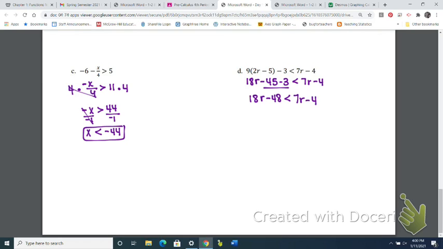So I'm going to subtract 7r from both sides. That way it helps me if I have to draw a number line to be able to draw it correctly. I'm going to add 48 to both sides. And finally divide by 11. So r is less than 4.